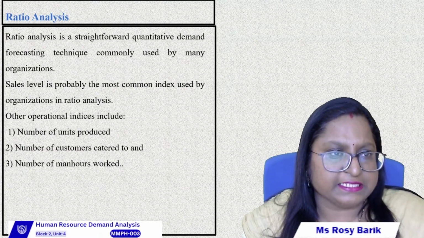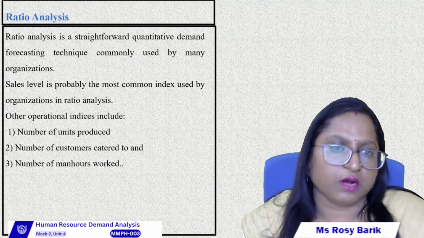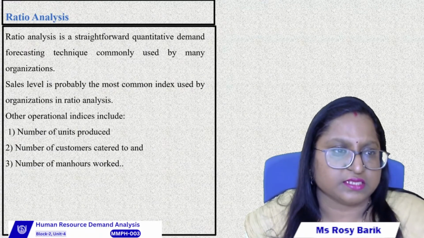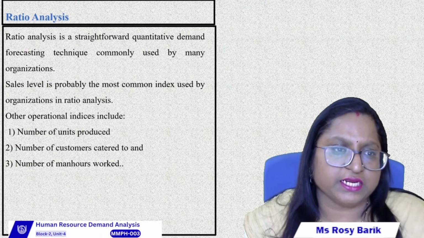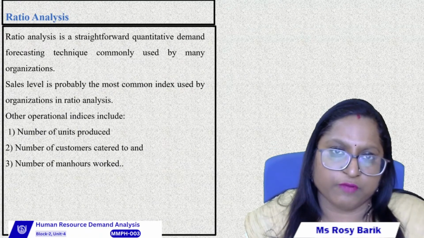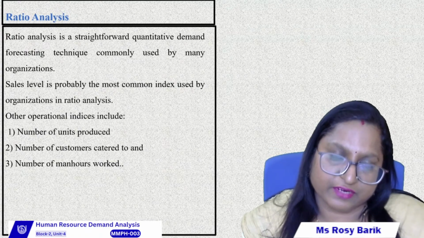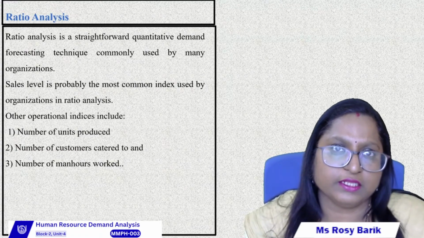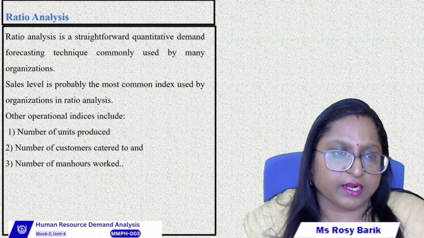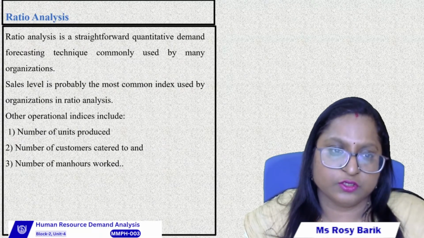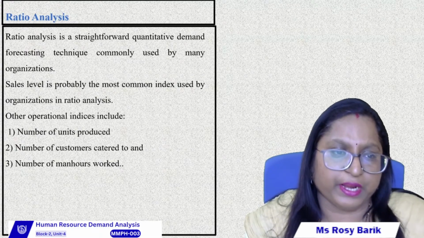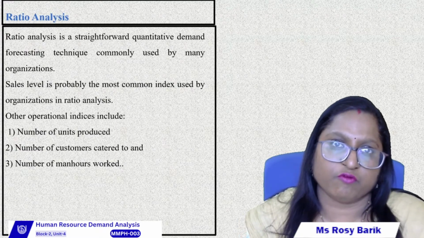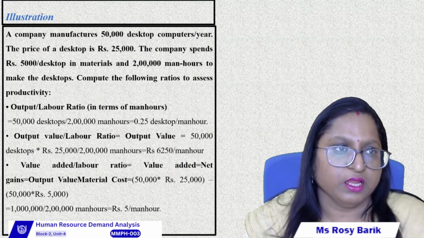The sales level is probably the most common index used by organizations in ratio analysis. The other operational indices include the number of units produced, as I have discussed, that is the ratio of production and the manpower required, the number of customers catered to, and the number of man hours worked, that is the number of hours the men are working in the organization.